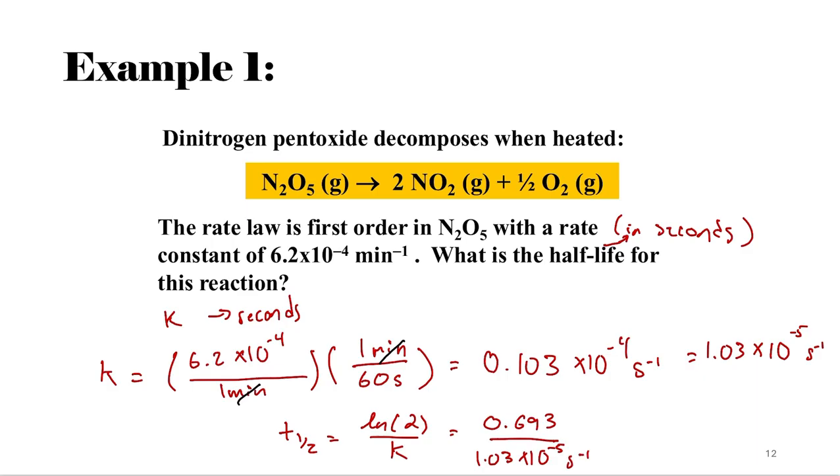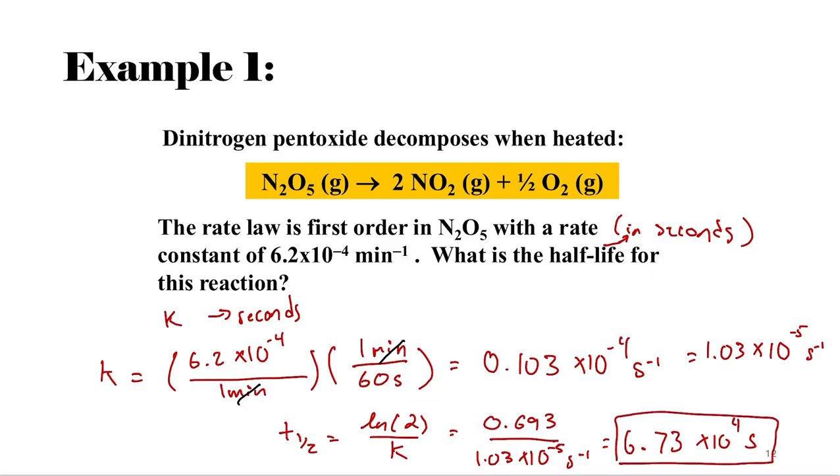Inverse seconds, so our final unit should be in units of what? Time, right? Because we have 1 over seconds in the denominator, so that means our overall unit should be time. So that makes sense because we're looking for a time, that's what we're solving for. So 1.03 times 10 to the negative 5. So this gives me 6.73 times 10 to the 4 seconds.